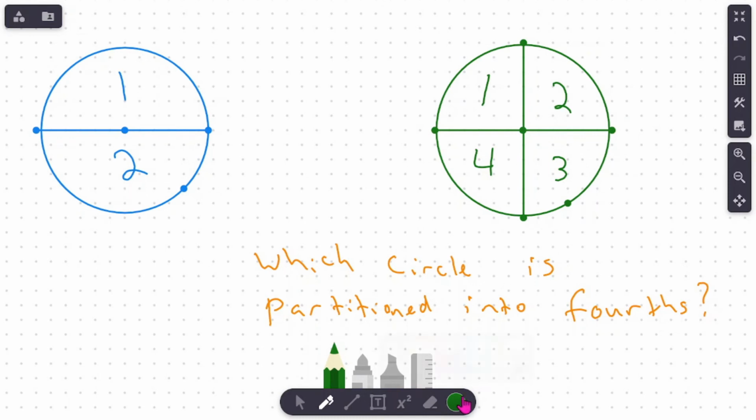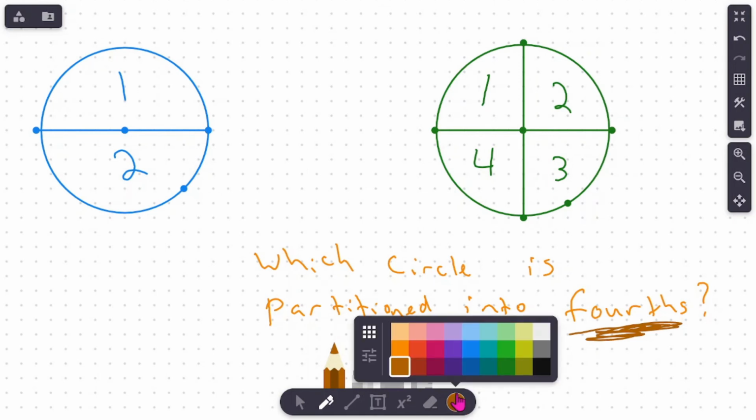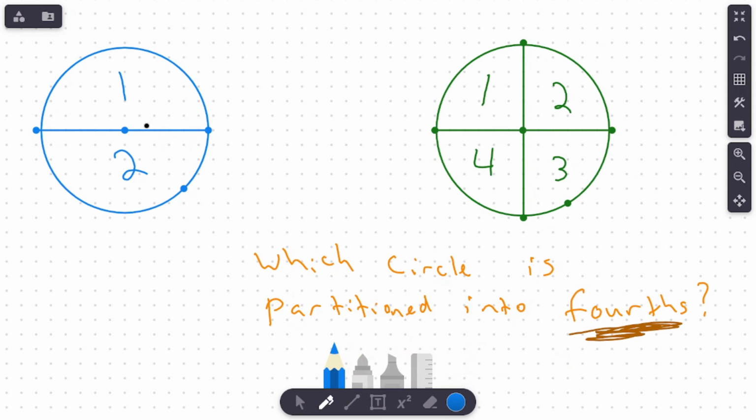But my question to you was, which circle is partitioned into fourths? I don't see the word fourths written inside of either of these. So which one is it? Let's think about this blue one real quick. If we divide something into 2 equal groups, do you remember what we say?